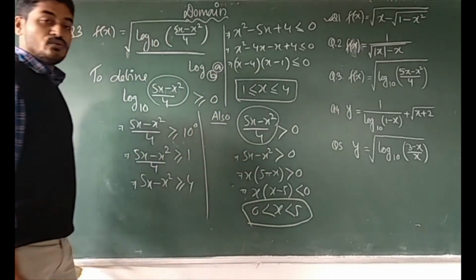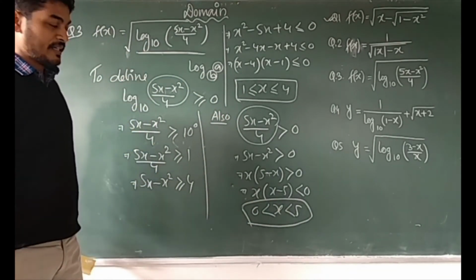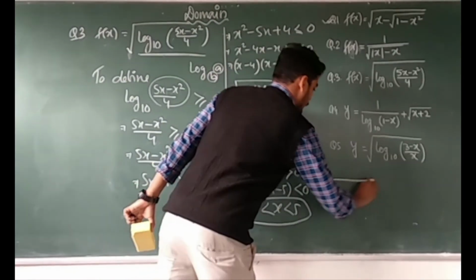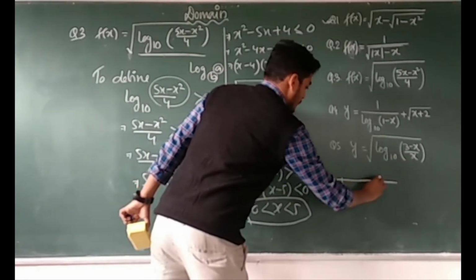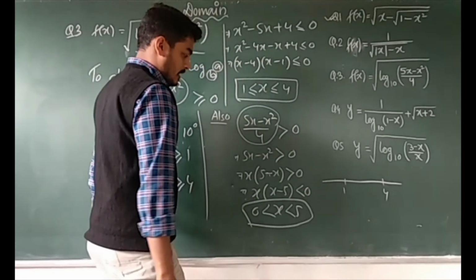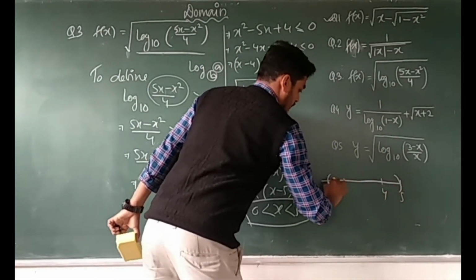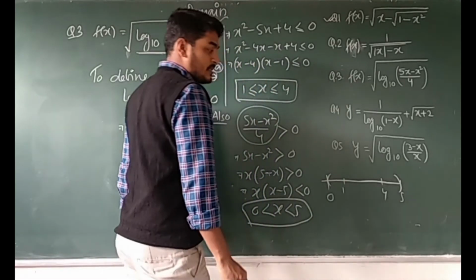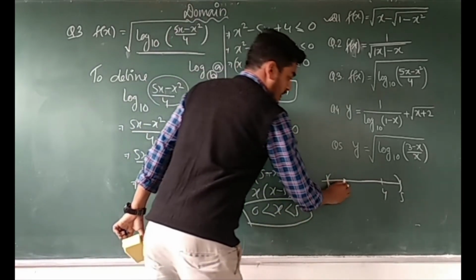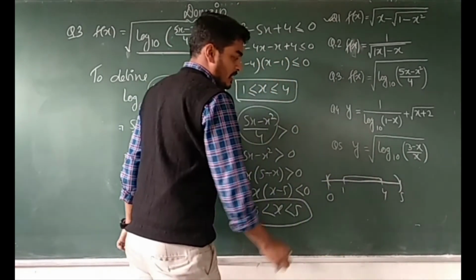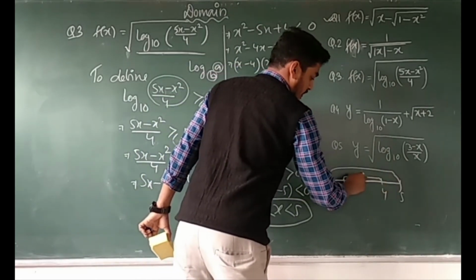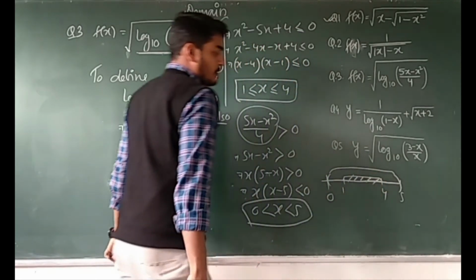As we have got two different conditions, we try to find the intersection. So what is the main step? One interval is 1 to 4, another is 0 to 5. Which one is the common portion? Our intersection is 1 to 4.